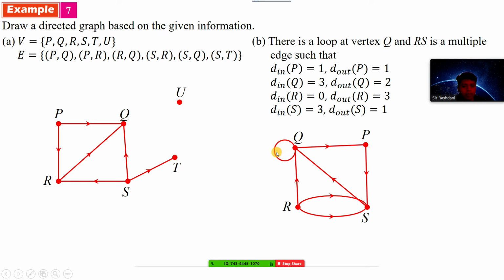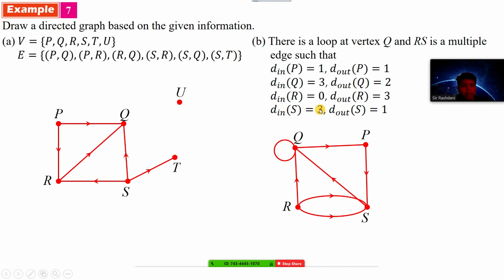After that, we look into the degree of each vertex or point. For example, P has one out and one in. Q has a two out, so this one is out, and this one is in and out, so that we have two out.